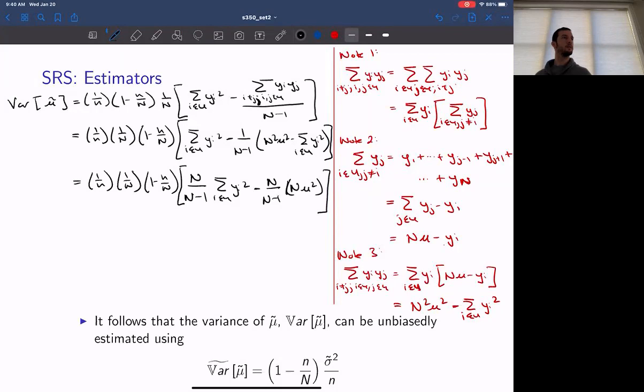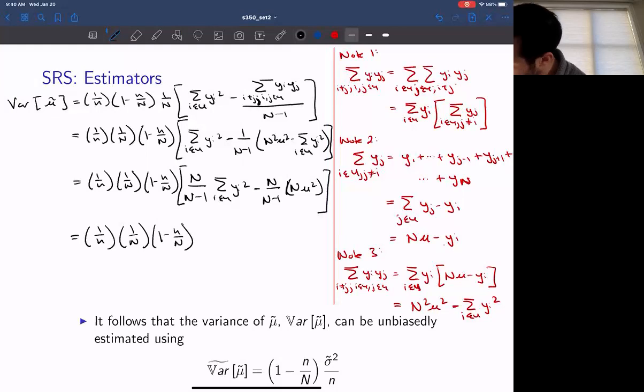Make sure I didn't miss any terms here. Okay, and then this becomes 1 over little n, 1 over capital N, 1 minus little n over capital N, multiplied by n over n minus 1 of the sum over i in u of yi squared minus n mu squared.